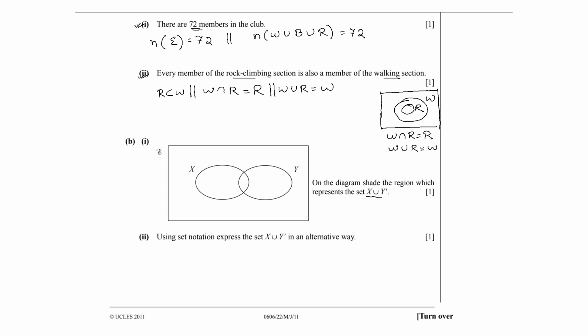X union Y complement in simple language is set X plus set not Y. We have to shade the set X along with everything that is not Y. So here we have shaded X, and now we are going to shade everything except Y, because that is what Y complement means.